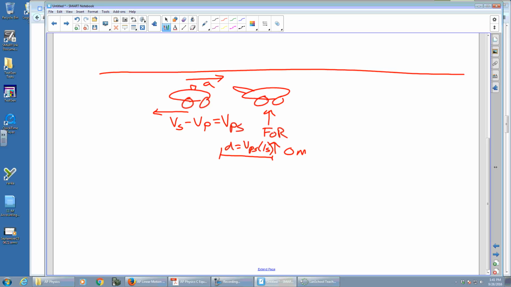Because that's how far back they would be when they started accelerating. And then you would use, again, d equals d naught plus v naught delta t plus 1/2 a delta t squared.